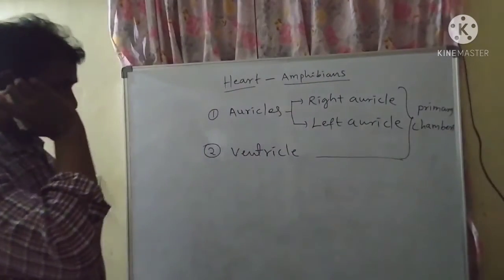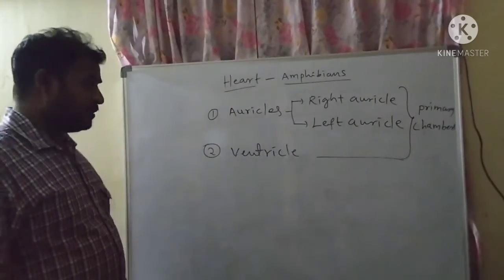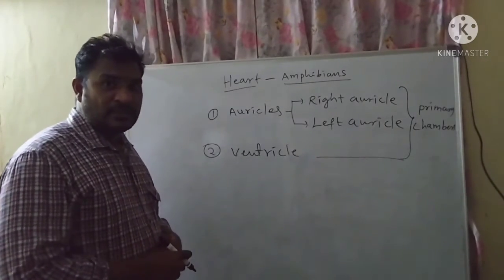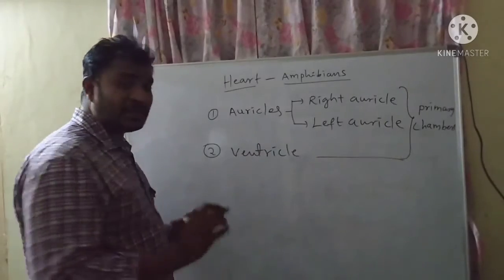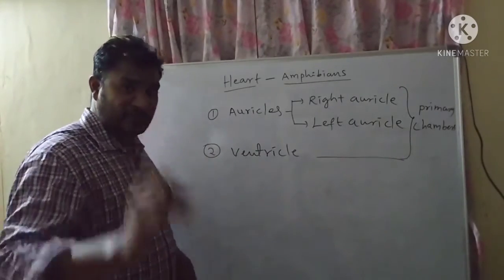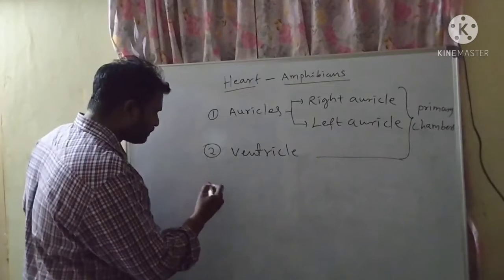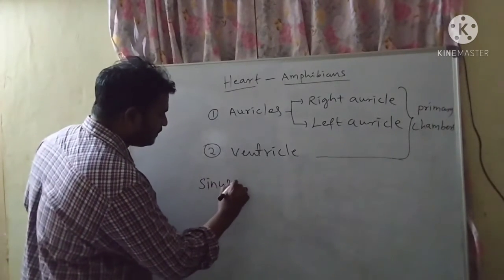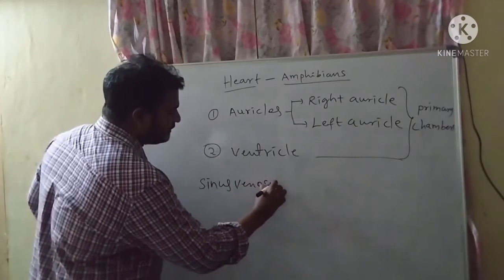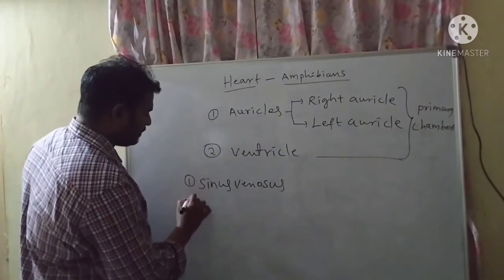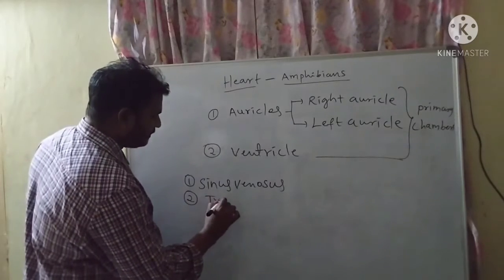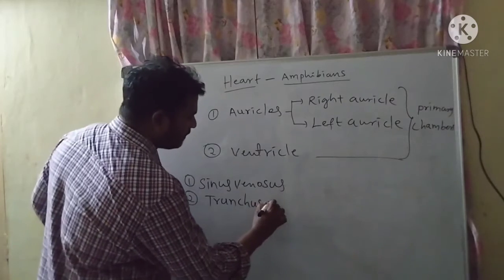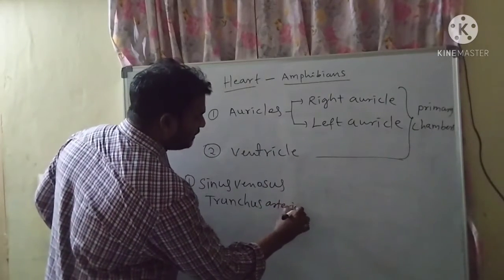Along with these primary chambers, the heart of the amphibian also has some accessory chambers. What are the accessory chambers present inside the amphibian's heart? Such as sinus venosus and the second one, truncus arteriosus.